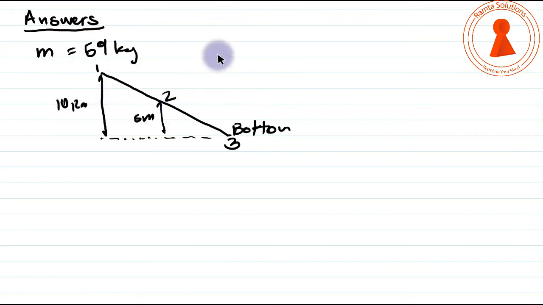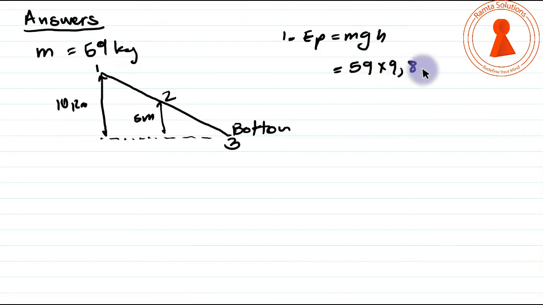The first question said, what is her potential energy at the top? Number one, EP equals mgh. Her mass is 59, the gravitational acceleration is a constant 9.8, and her height at point 1 is 10.2 meters.